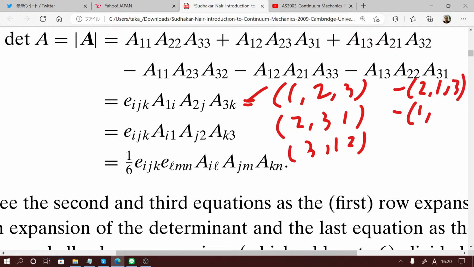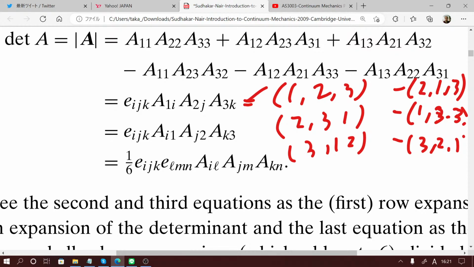Minus 1, 3, 2 is the same. And minus 3, 2, 1 is also the same. Yeah, so we have 6 variations.